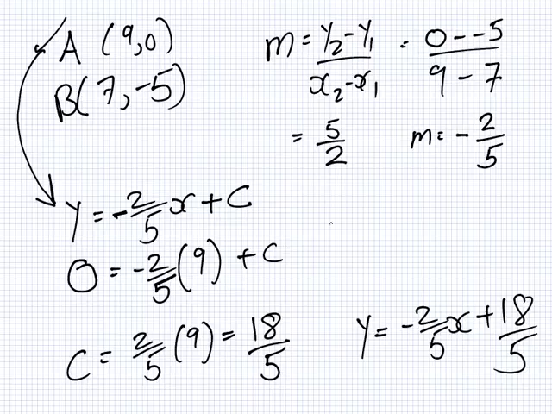What did you say? You said m equals 5 over 2. Yeah, but what did you say at the start? x1 equals 9, and y1 equals 2. Yeah, but tell me what you wrote. What numbers? Minus 5, minus 0, 7 minus 9.